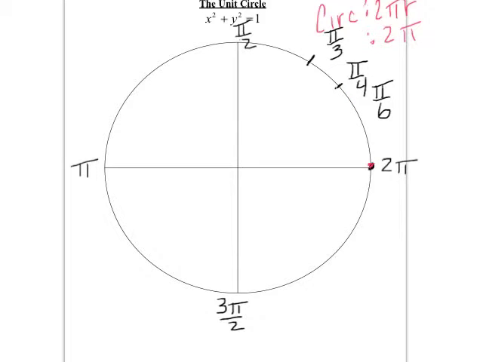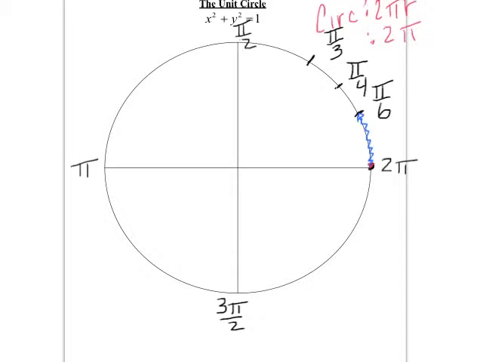Okay, now let's do a couple other things here. Let me put that back. So if we were to keep going, let's talk about pi over 6 here. If I were to, instead of just stopping and going from here to here and getting pi over 6, what if I went another pi over 6 in length? Where would I end up?